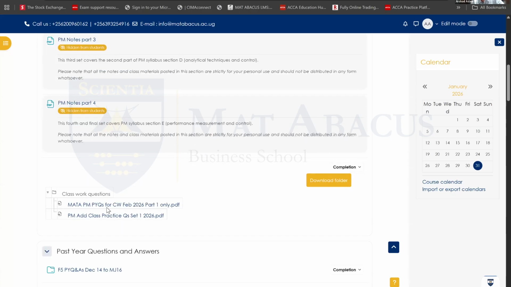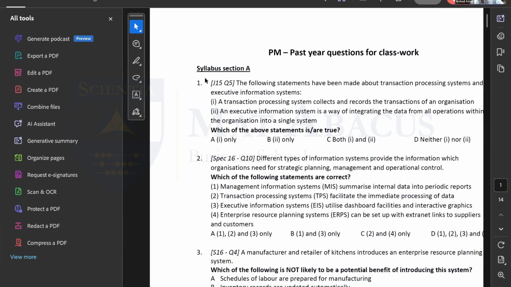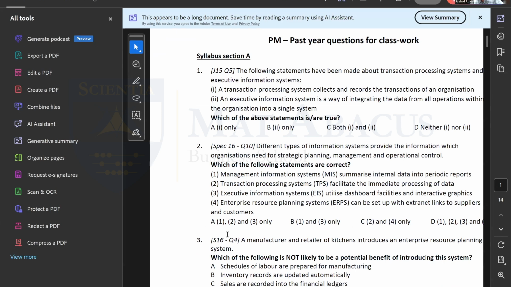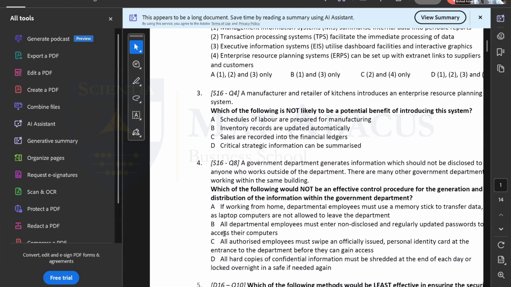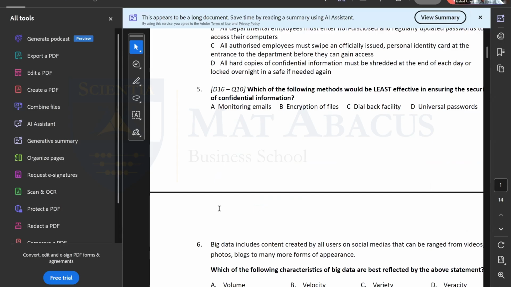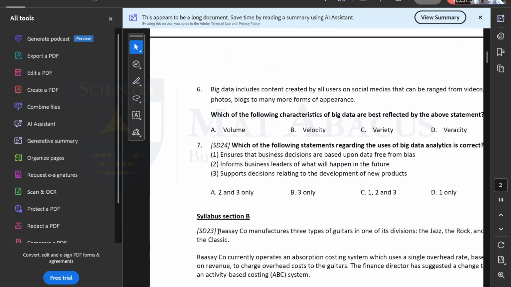The past year questions that we will do in class are already available here. If you're registered, you can already download this to your computer. You see how it is? It's all past year papers: June 15, specimen 16, September 16, December 16, as we go on and on, to more recent papers, September and December 23, 24, all past year questions.